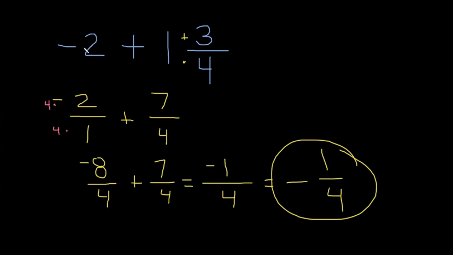And it makes sense. If you look up here and we were to convert this to money, let's change it to money. -2 would be -$2. That's a price tag. We want to buy something that costs $2. Well, how much do we have? We have $1 and 3/4 of a dollar. Well, 3/4 is 75 cents.